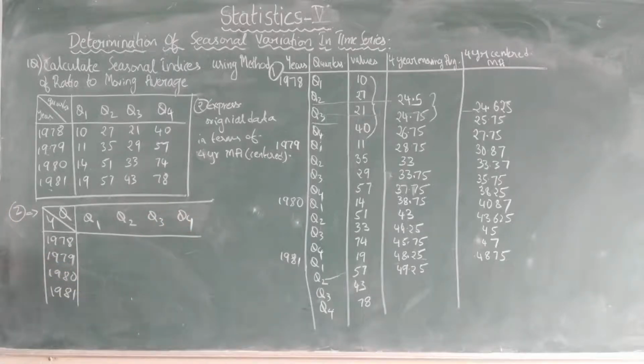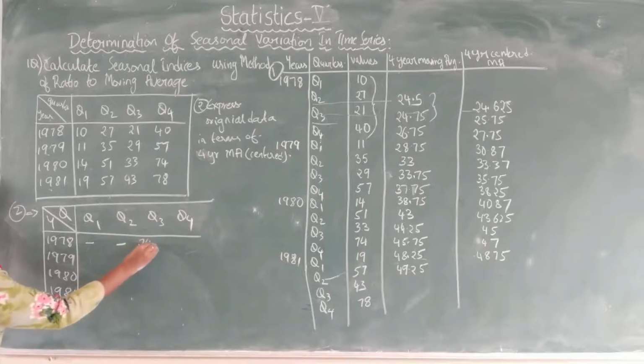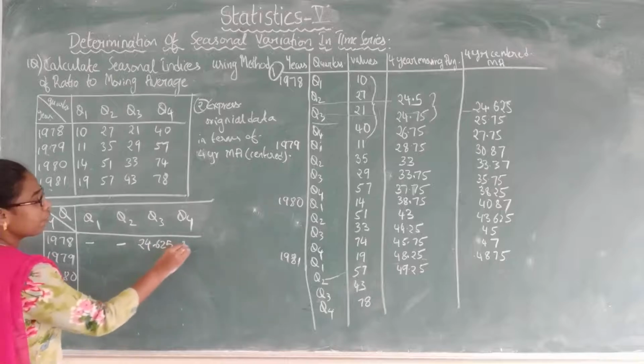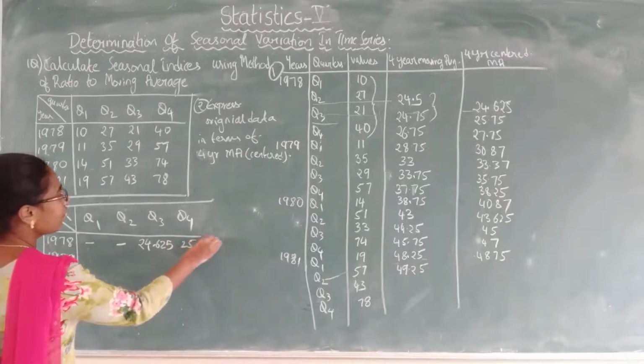Now, whatever moving averages we got, we write those values. For 1978 Q1 and Q2 we did not get any values, so keep them empty. For Q3 we got 24.625. The next value is 25.75.